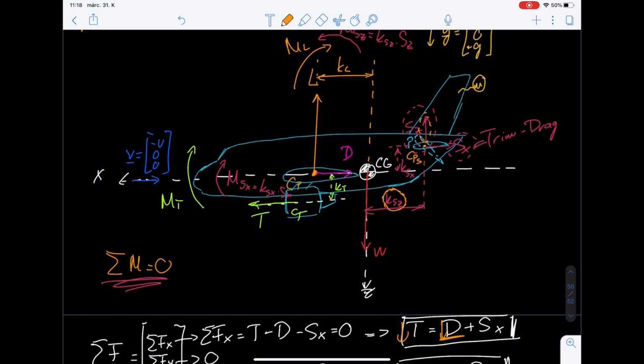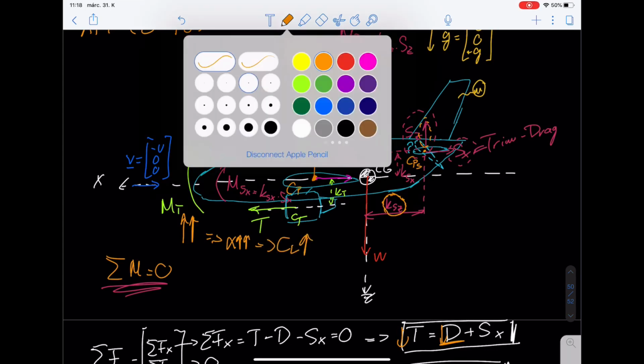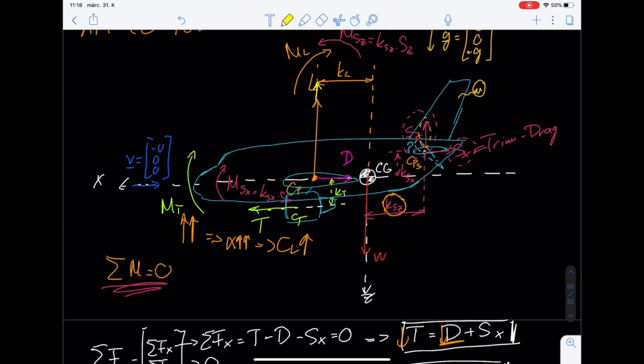However, stability decreases, right? Because if I have an updraft, like we had in the previous case, which increases the angle of attack, which increases the lift coefficient, in that case, the lift is going to increase, right?